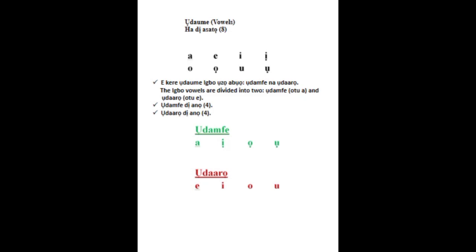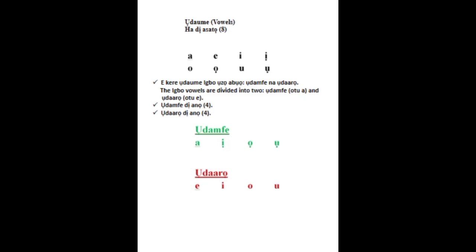Now let's look at them. The one colored green, you can see it, ụdamfe. The other one, ụda arọ. So ụdamfe, ha dị anọ, 4 of them: A, E, O, O. So ụdamfe comprises A and all the letters with dots under them.